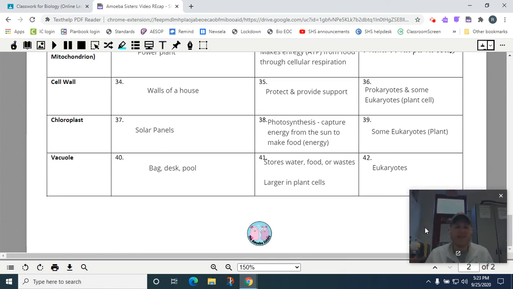Well, why is that? What does the plant need to store more than animal cells do? Well, it's going to be water. When you're an animal and you're thirsty, you can just go get a drink of water whenever you feel like it. Plant cells, when they're thirsty, can't get up and go get a drink of water like you did. So they have to store it and have extra on hand just in case.